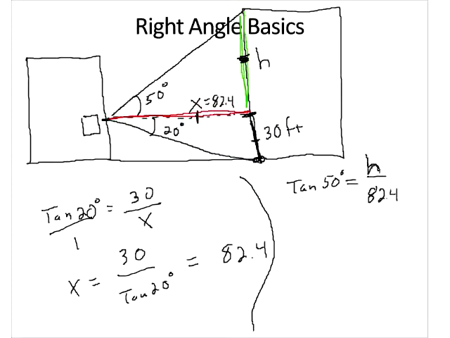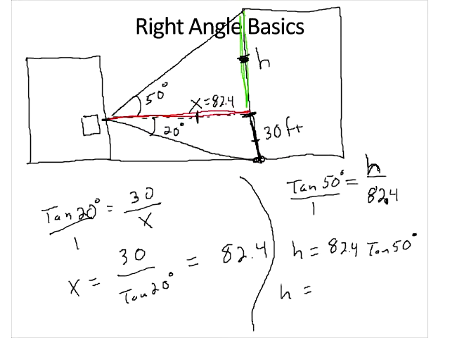Right? Because it's supposed to be the opposite over the adjacent. H is the opposite side over the adjacent, which we just solved for, is 82.4. Again, I'm going to think of this as a proportion and just solve for h. So h will be 82.4 times the tangent of 50 degrees.